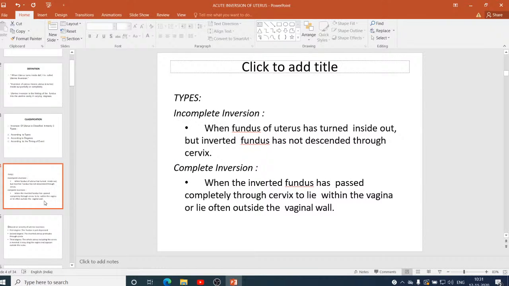The types of inversion of the uterus: incomplete inversion is when the fundus of the uterus has turned inside out, but the inverted fundus has not descended through the cervix, that is, it is within the cervix. Complete inversion is when the inverted fundus has passed completely through the cervix and it may lie within the vagina or may lie outside the vaginal wall.